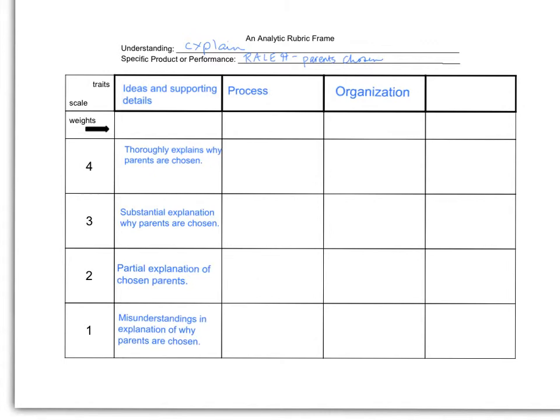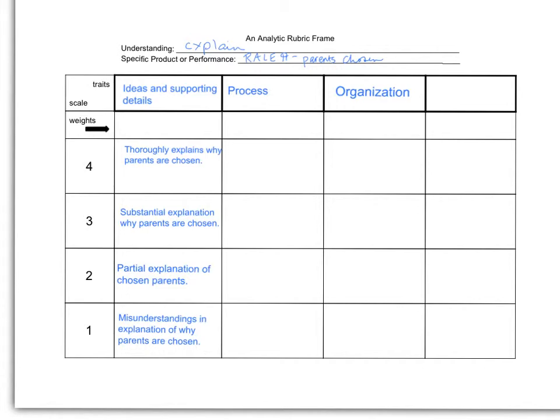Okay, I'm ready for the process column now. In process, when we talked earlier, we're really thinking about the Punnett squares. So that's going to be my focus here. This is how I'm going to assess if they've done their Punnett squares or where they are in their understanding of Punnett squares. So this column, I'm going to go ahead and make it black to make it easier on our eyes, I think.